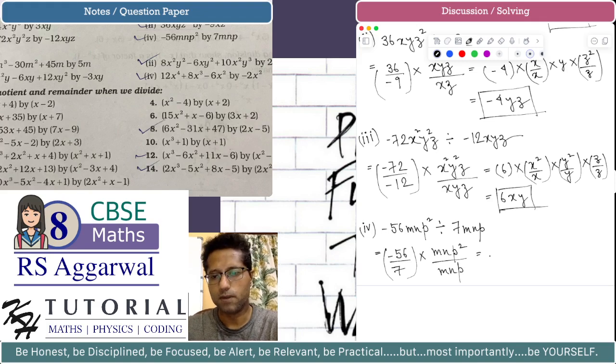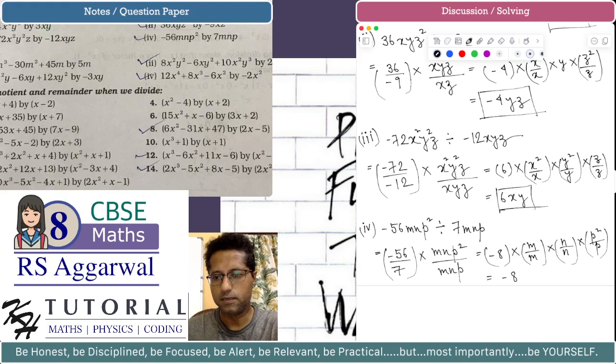This is equal to minus 8, m by m, n by n, and p square by p. This becomes minus 8p.